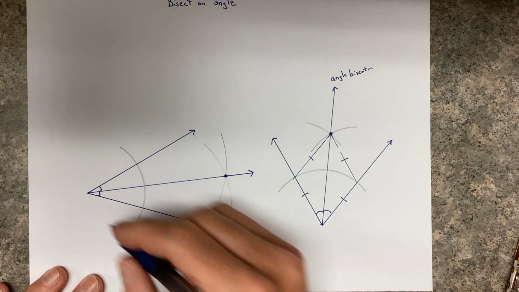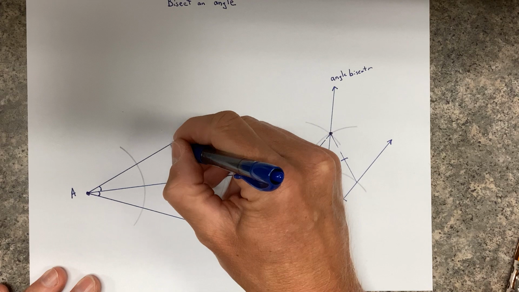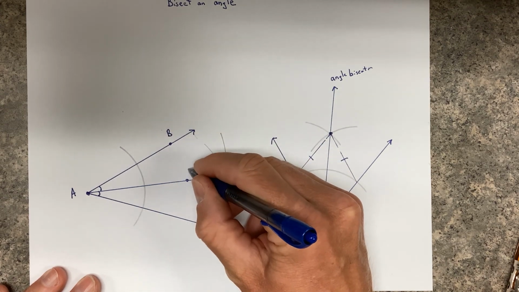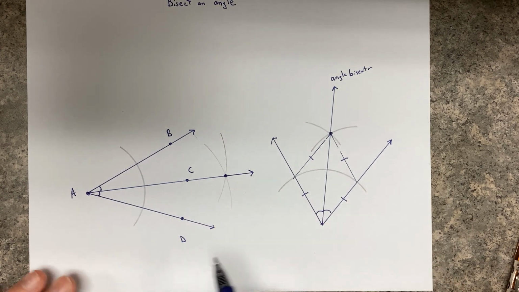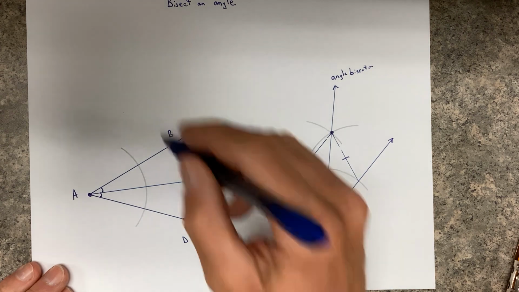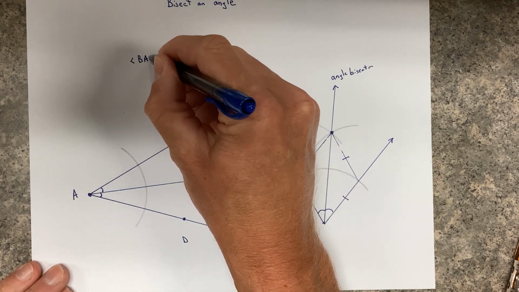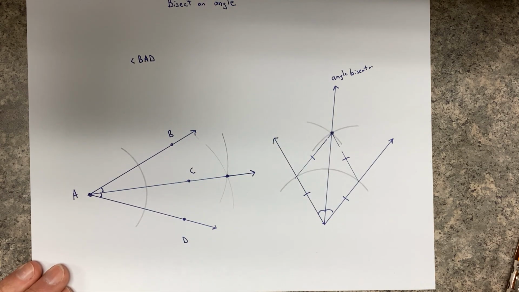All right, we can even start talking about naming angles. We'll get a little more technical on this one. The original big angle was angle BAD. BAD was the original angle.